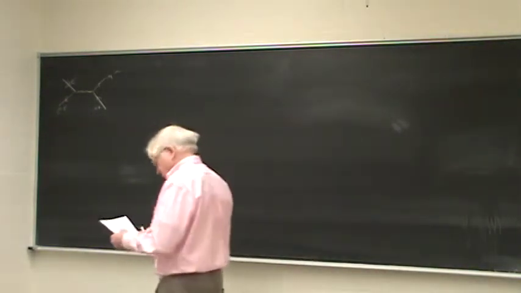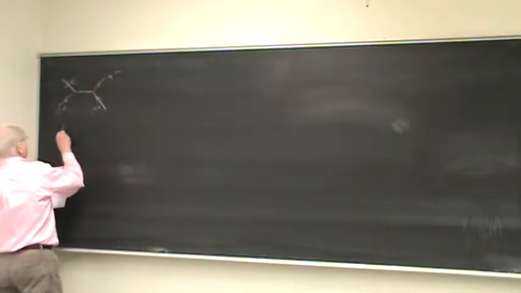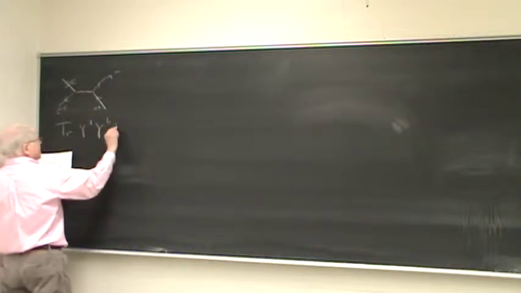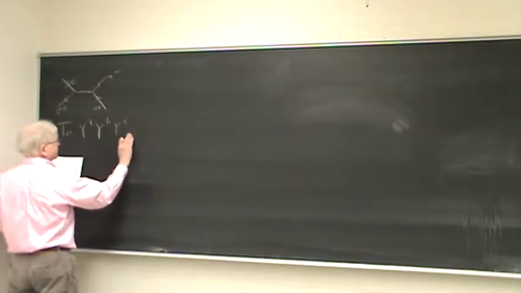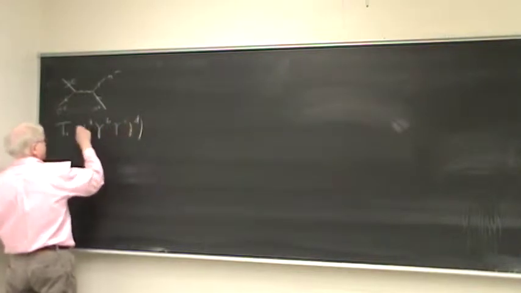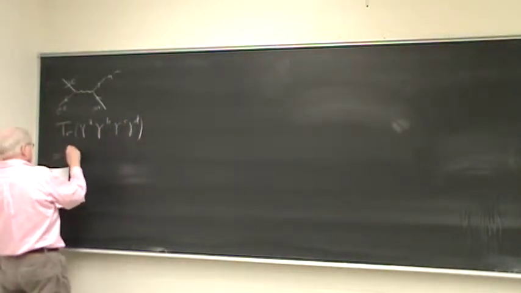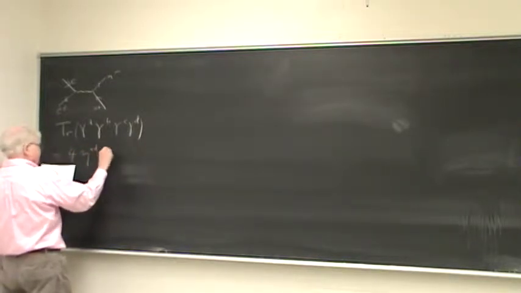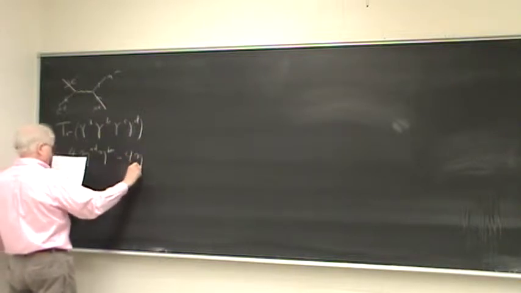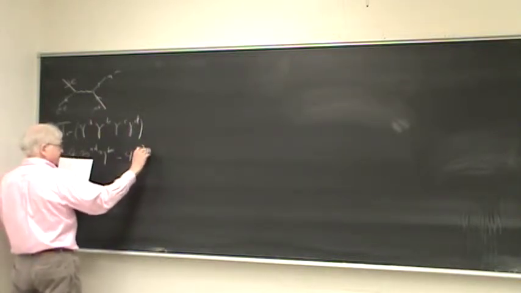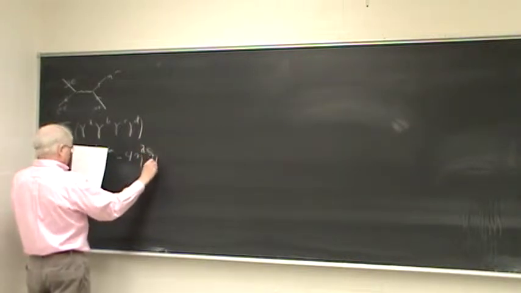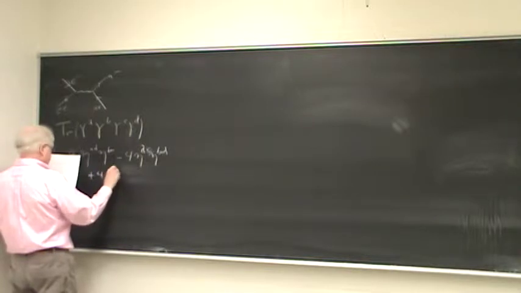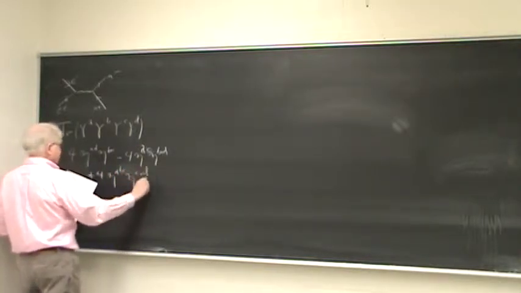If you want, I'll go through the derivation, but let me just tell you what the answer is. The trace of gamma^A gamma^B gamma^C gamma^D is 4 times (eta^AB eta^CD minus eta^AC eta^BD plus eta^AD eta^BC).